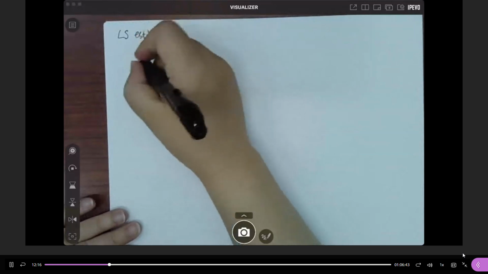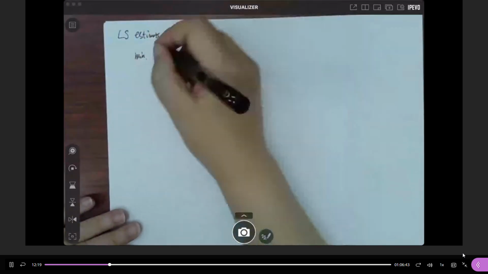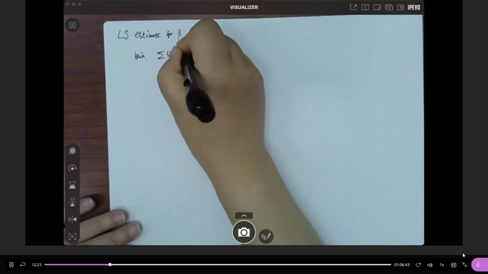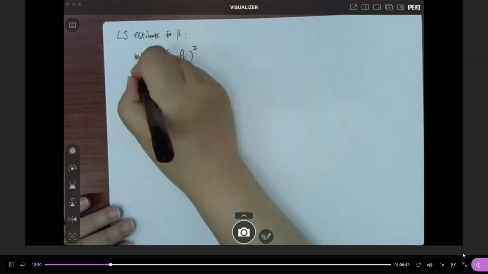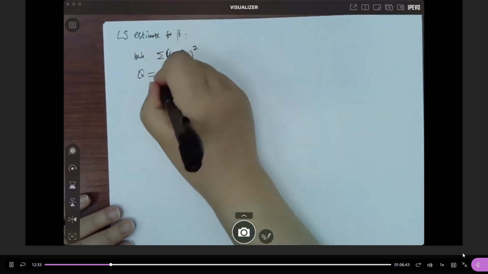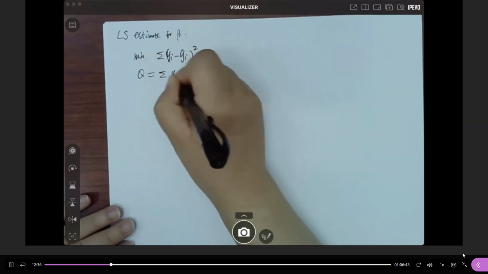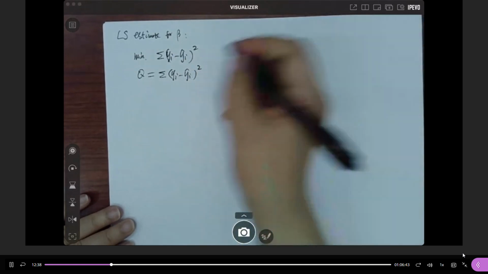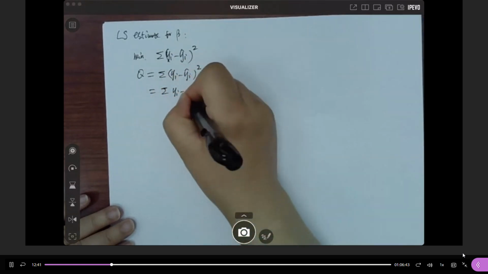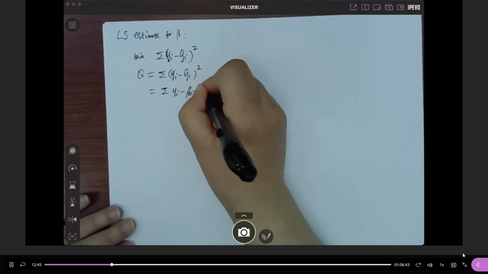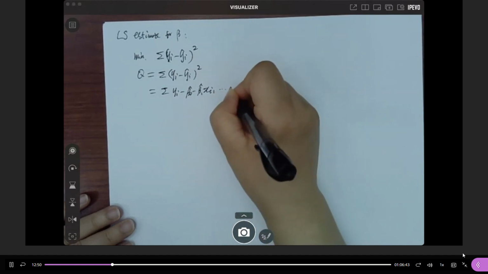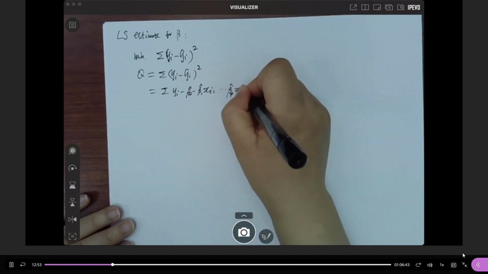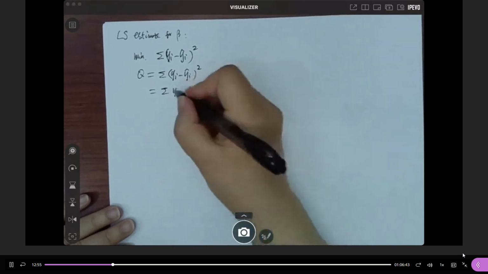Let's say you try to minimize the summation of yi minus y hat squared, right? So you can make your Q, your objective function value, equal to the summation of yi minus y hat squared. Plug in, so yi minus beta 0 hat, beta 1 hat xi1, all the way to beta p hat xip, this whole term squared.